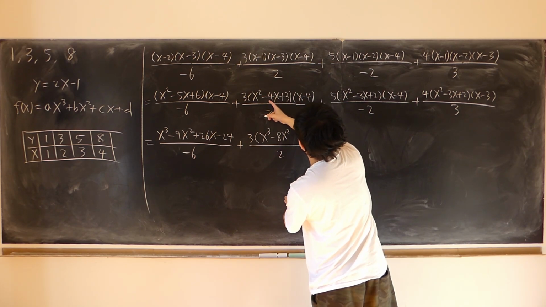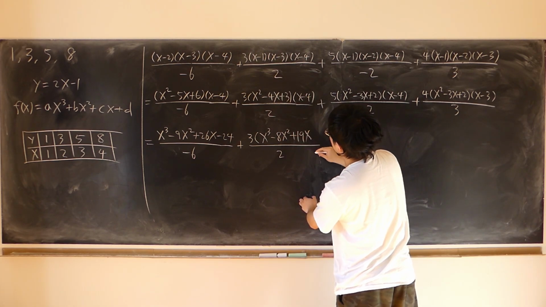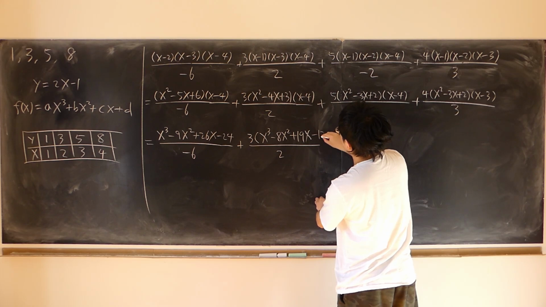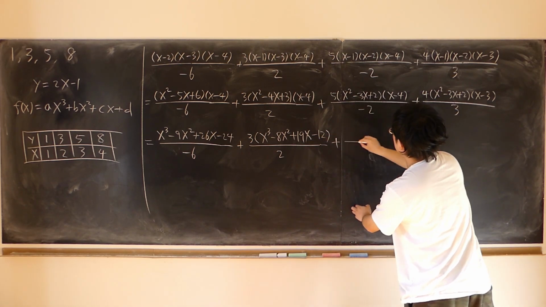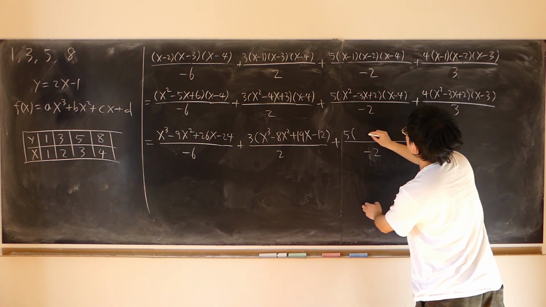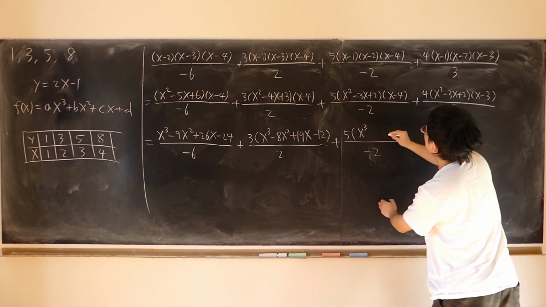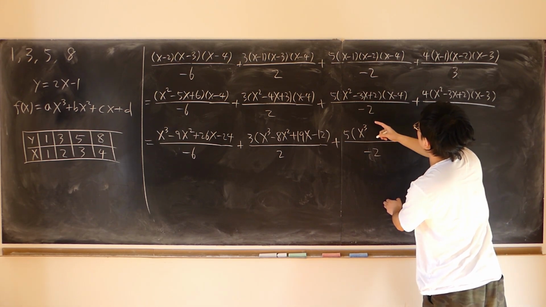This times that, plus 16, so plus 19. Constant term is this. Okay. Plus negative 2 times 5. Cubic term. Square term is this times that, negative 3.